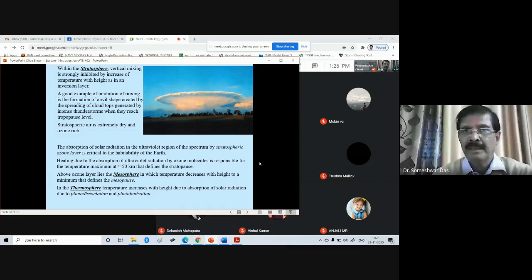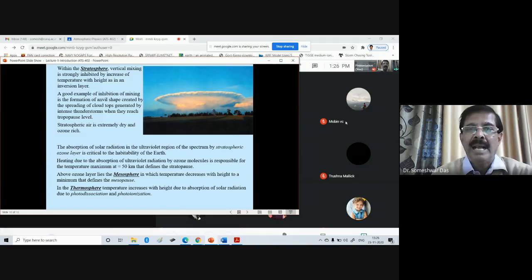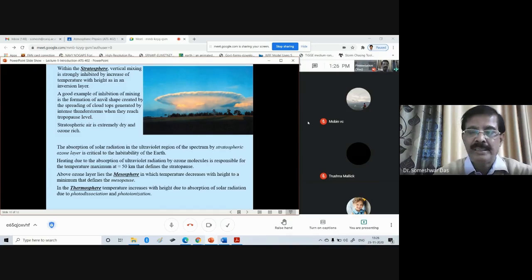Generally, as I said, a balloon can go only up to the tropopause, or sometimes a little above it. Above that, the balloon will burst. But through radar, we can measure the profiles up to about the mesosphere. We call it MST radar. One is at Gadanki in Tirupati, and the other is at Kochi in Kerala.